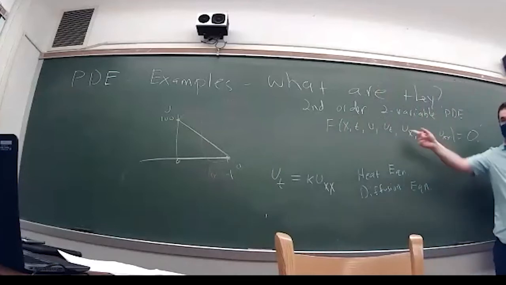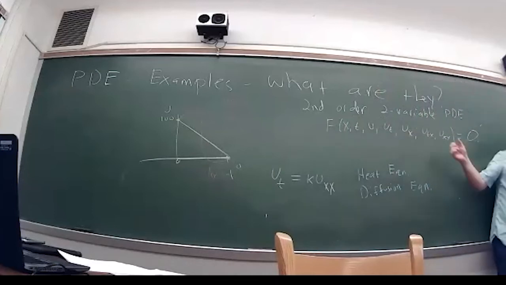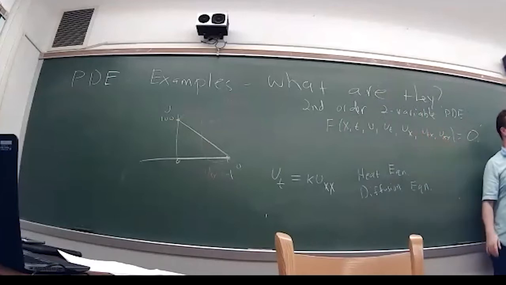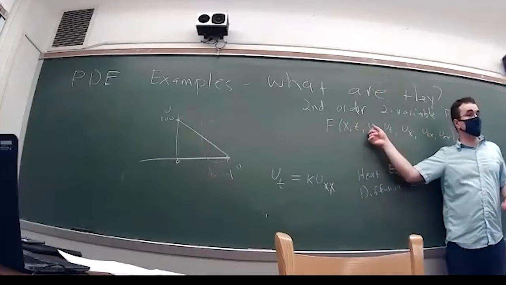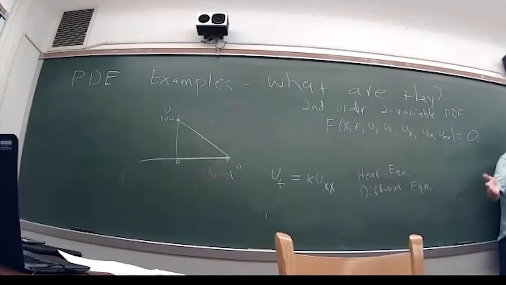It's simply a function of all those variables. And we do like to treat each one as an individual variable. If you want a PDE with more variables, then include more variables here. If you want a higher order PDE, then include more partial derivatives here. You see I've included at most two.